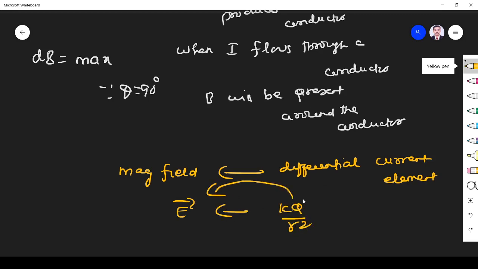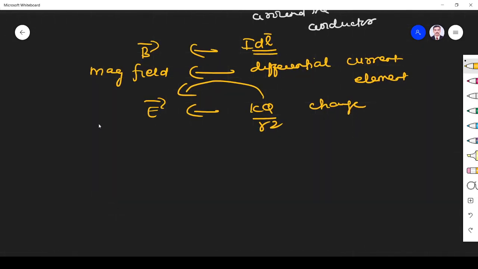So E is due to the charge, whereas magnetic field B is due to the I dl, the current element. Why are we not taking a point like what we did for electric field? Why don't we have simple Q? Why are we taking I dl? That's the next question. Because magnetic field is produced by current, moving charge.